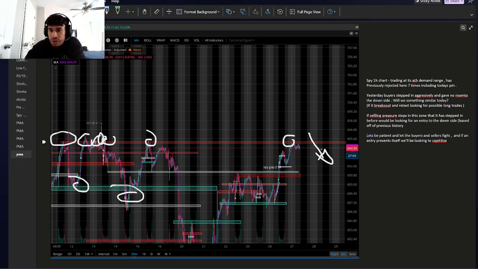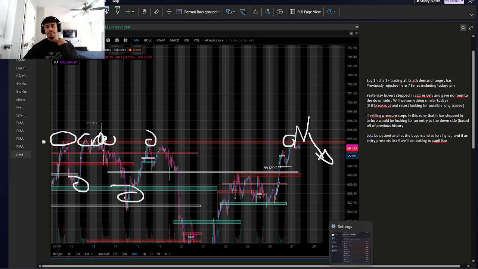And if it shows strength to the upside, if it breaks out of its demand zone, and if buyers are willing to pay higher prices and this demand zone becomes an area of supply, I'll be looking to take this for a long.